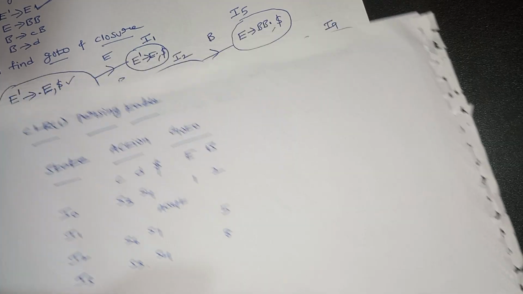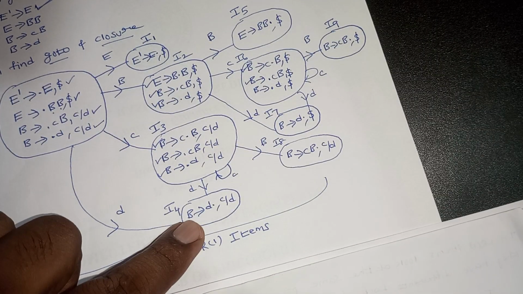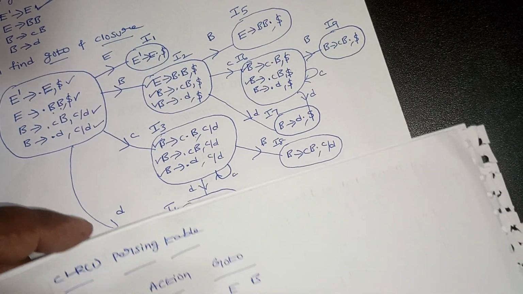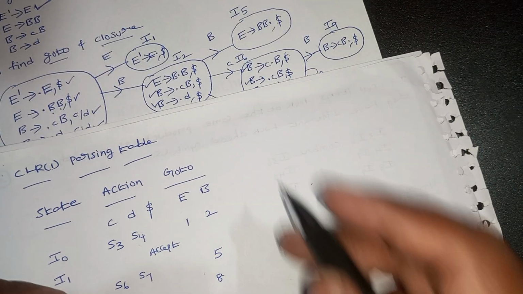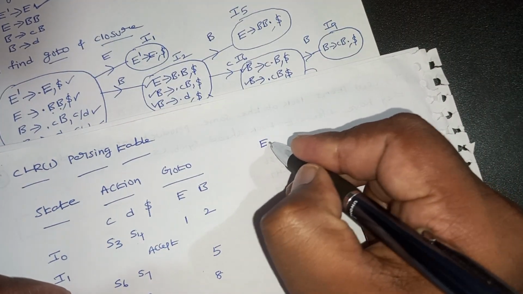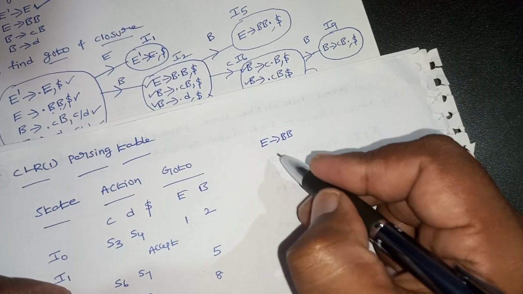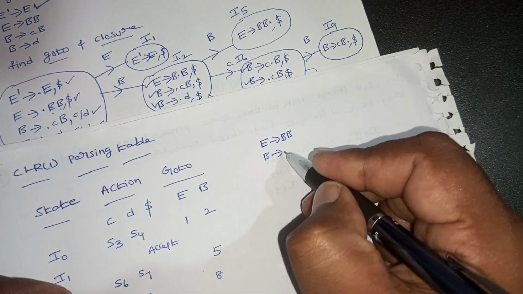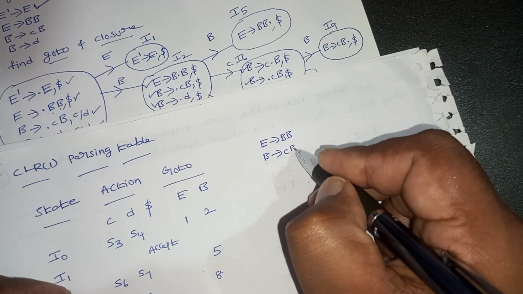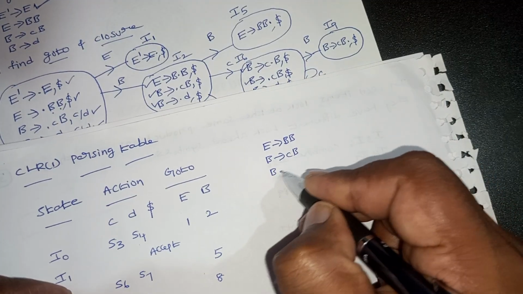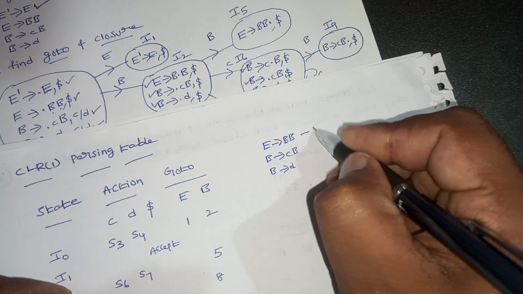Now what about I4? You give some numbering, as you already know: E tends to BB, B tends to small c capital B, B tends to small d.